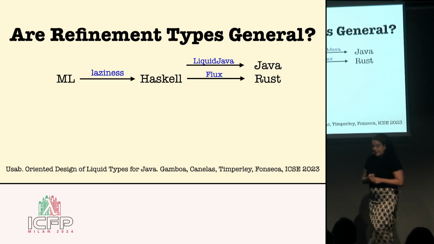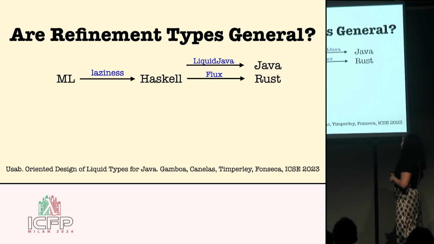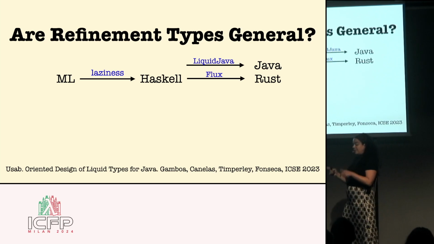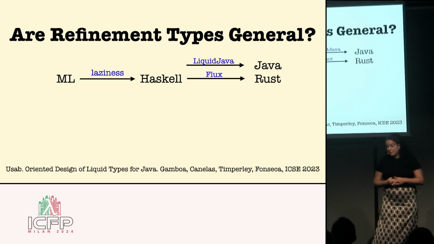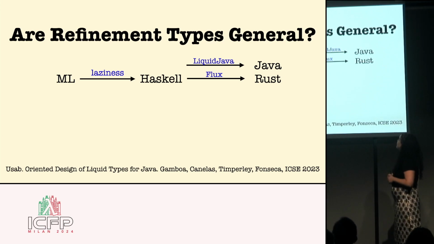And again, last year, the group from University of Lisboa published at ICSE a usability-oriented design of liquid types for Java. So last year, we had two new refinement type systems.